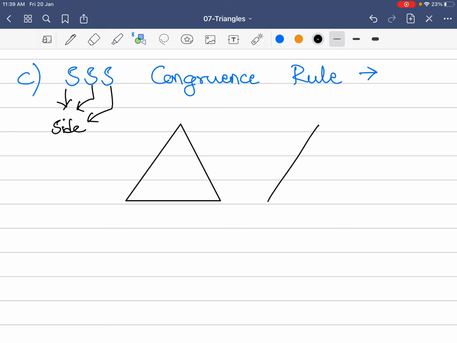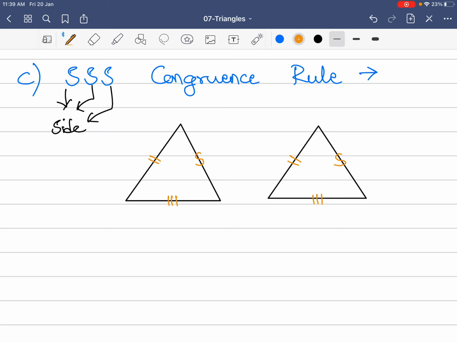If the three sides of two triangles are equal, then obviously the triangles are congruent. So once again, I am going to take two random triangles and say this side is congruent to this side, then this side is congruent to this side, and then this side is congruent to this side.